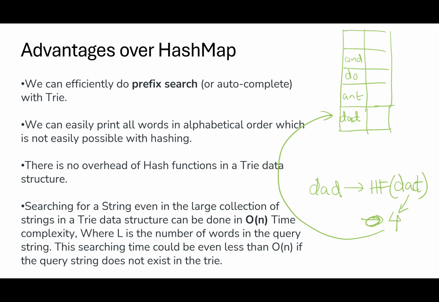In any case, if someone says search this word dad, it would have used the same hash function, got the same result, and searched here and says, oh, okay, dad is already there. But if we could use a hash map to store words or make a dictionary, why do we want to use a trie?